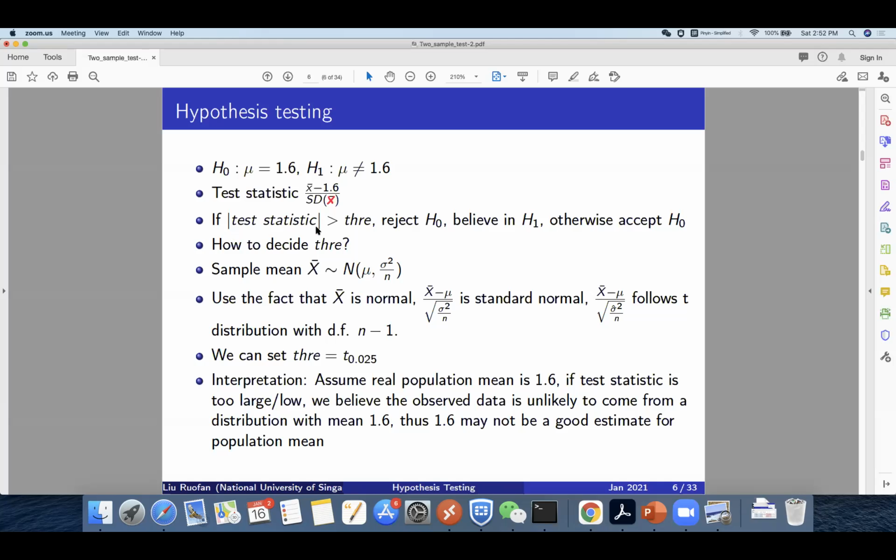But then how do we decide the threshold? Like what I mentioned, because my x all follows normal, x bar also follows normal. So x bar minus mu divided by the standard deviation of x bar is standard normal.